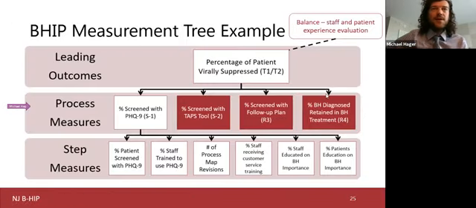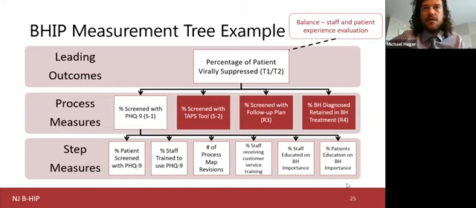So here we go. We can see these similar boxes that we were already discussing before in terms of our leading measure, our leading outcome, our process measures, and our step measures. Our patients virally suppressed are measures 5 and 6. And what goes into measures 5 and 6, of course, is our screening.